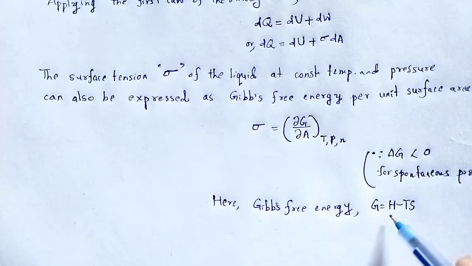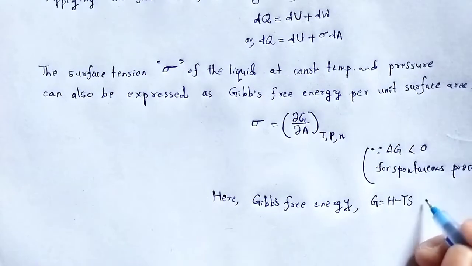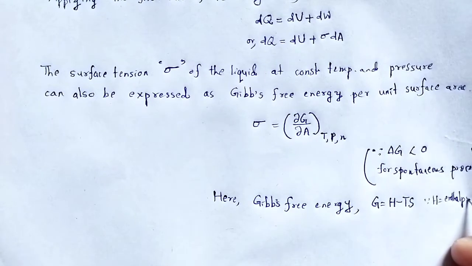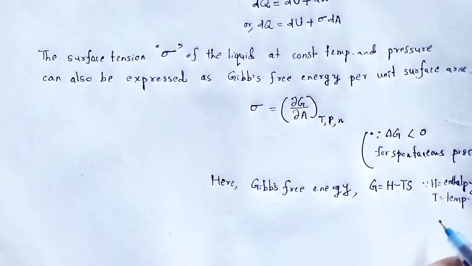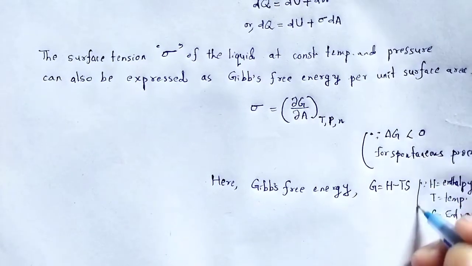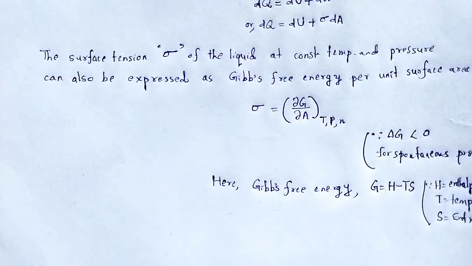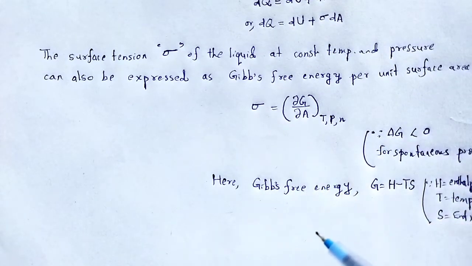Here H is the enthalpy, T is the temperature and S is the entropy. These are the symbols. Now, if we differentiate the surface tension sigma with respect to temperature T, what happens?